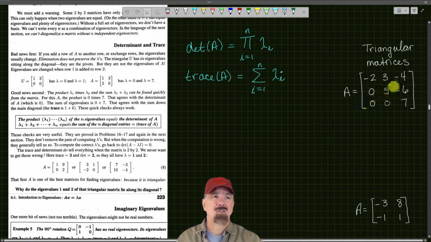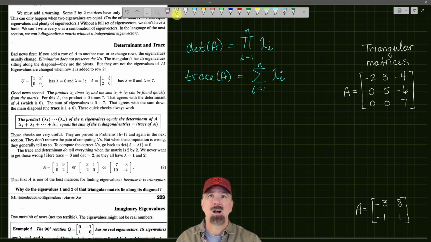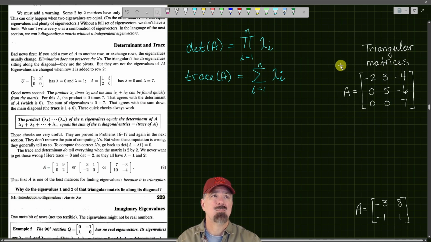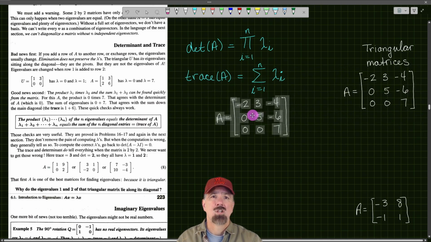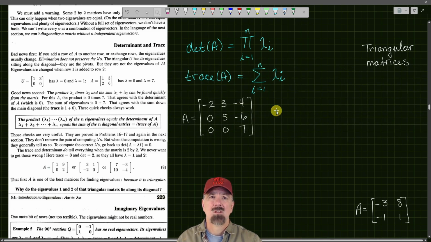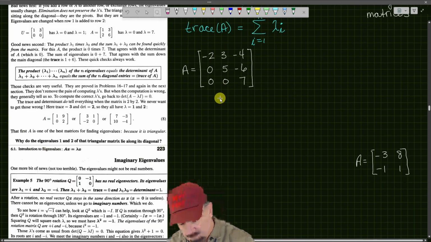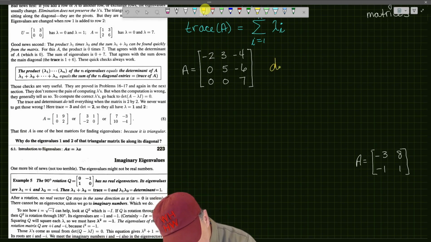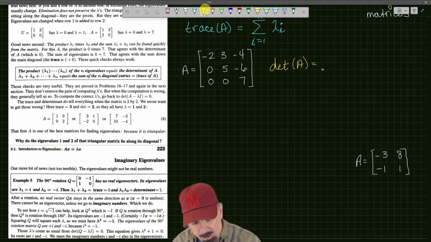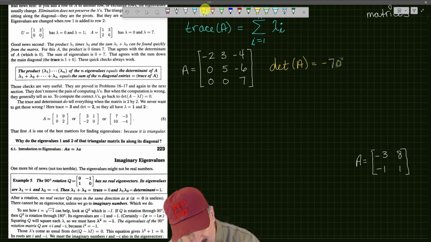What we want to do now is specifically take a look at triangular matrices. Two things about the triangular matrices, and let me move this matrix over here. So the triangular matrix, you know that we can find the determinant very easily. The determinant for this matrix is equal to 35 times -2, which is -70.